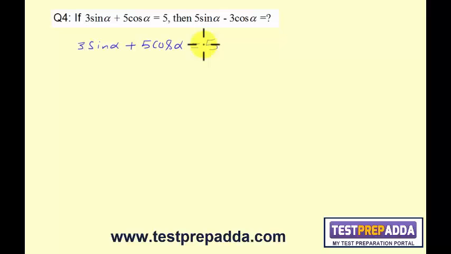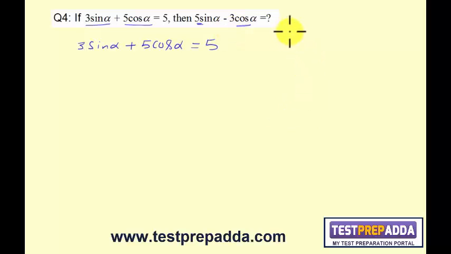Now, how to start this problem? If you look at the data given, 3 sin alpha, 5 cos alpha. Now, the coefficient 5 is with sin alpha, and this 3 is with cos alpha. Okay, now how do we convert sine into cos?